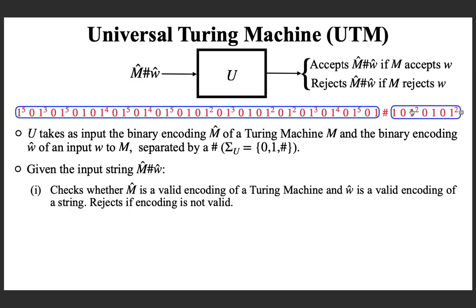For example, you cannot have 0 zeros, right? Every 0 is preceded and succeeded with a 1.